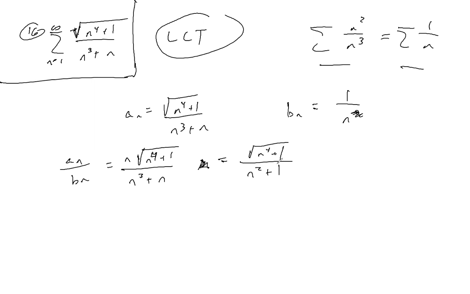If I take the limit of a_n over b_n, maybe I'll be a little slapdash with this. What is the limit of this? The limit of the top, the square root of n to the fourth plus 1, over n squared plus 1. Basically what I have on top is n squared. The bigger n gets, the less that 1 matters.